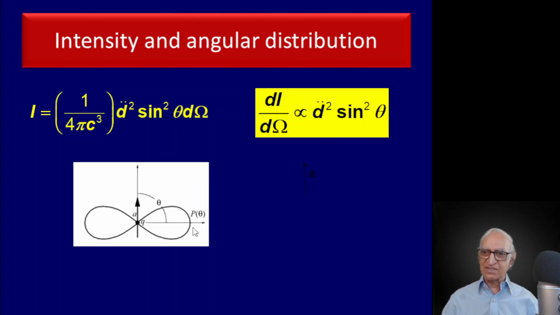Now, if you plot this, you will find that this looks like this. This is sine squared theta. This is the z-axis. The acceleration of the particle is along the z-axis, and the direction of radiation can be anything, and theta is the angle between the z-axis and the direction of radiation.